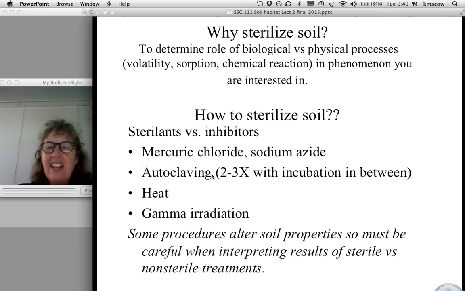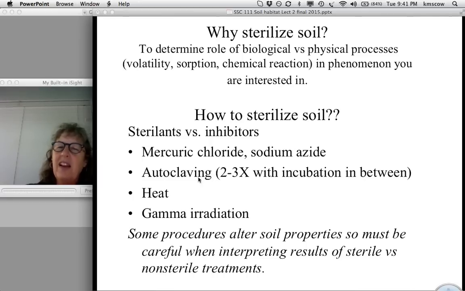Everyone else is dead, and plus there's nothing like another microbe as the best carbon and energy source. It's nothing like eating your brothers and sisters. So then they'll bloom and grow up to really high populations in the so-called sterile soil, and then you hit them again with another autoclaving blast, and then incubate them again, and then hit them again. So that's a traditional way to sterilize soil.